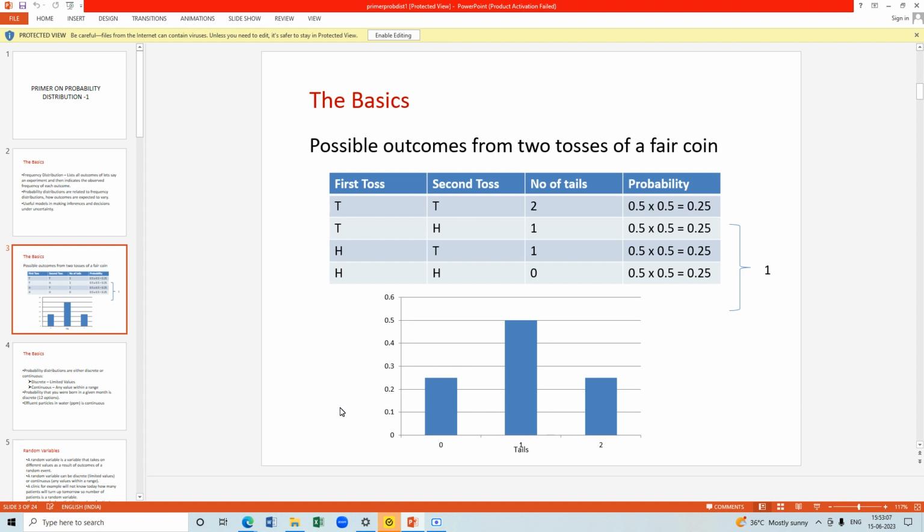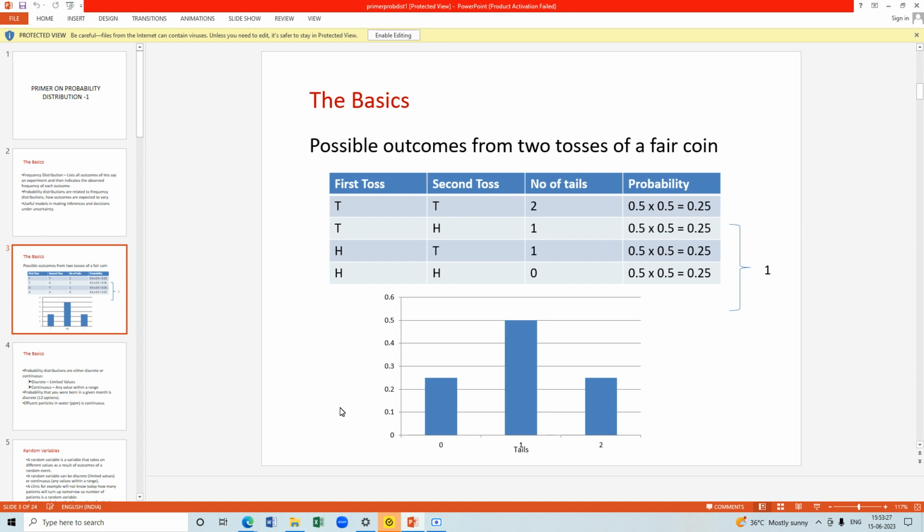You could have a tail followed by a head, which means the result is one tail, with a joint probability of 0.25, followed by the other two possibilities, a head and a tail, and a head and a head, both also having a probability of 0.25.